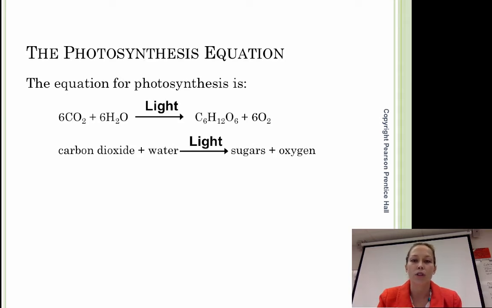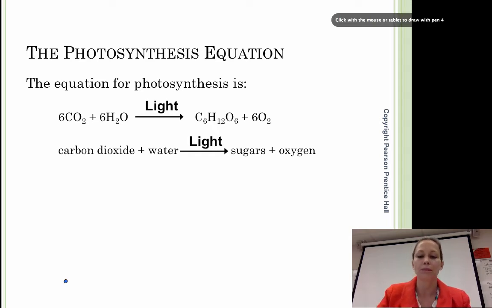The equation for photosynthesis, you must know this. So the equation for photosynthesis is as follows. You have 6 carbon dioxide molecules, CO2.